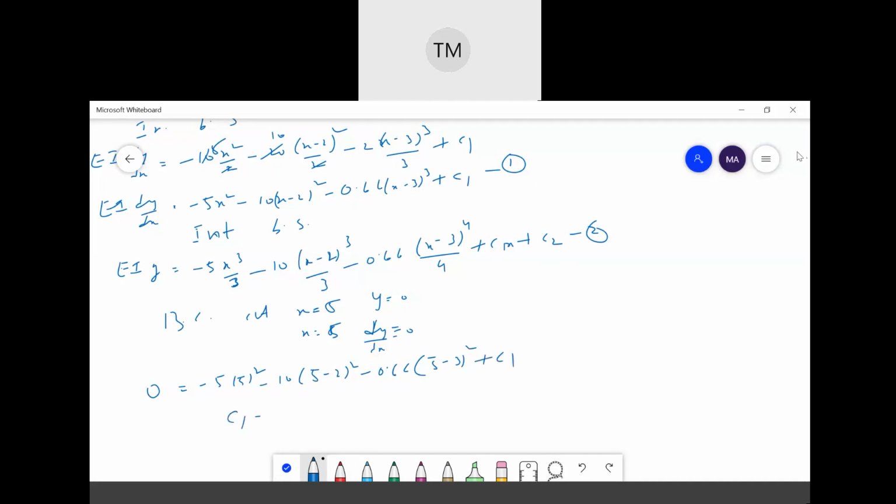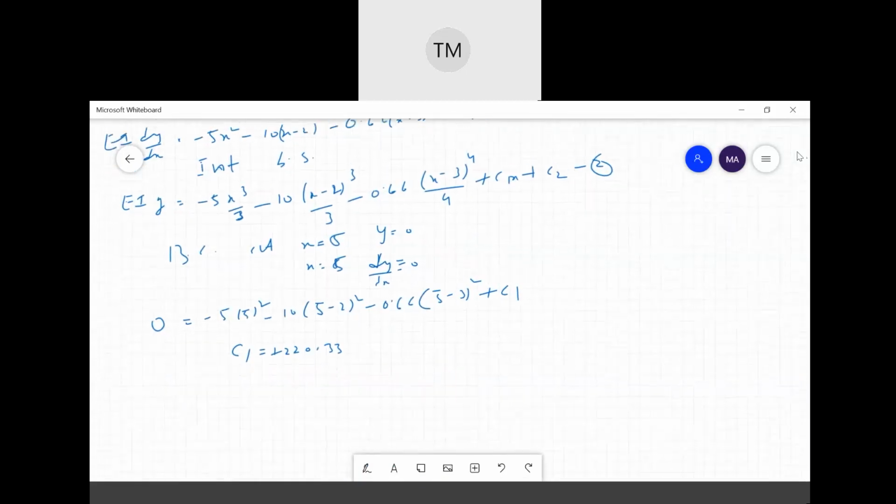Simplify this and you will get the value of C1. The value of C1 is plus 220.33.